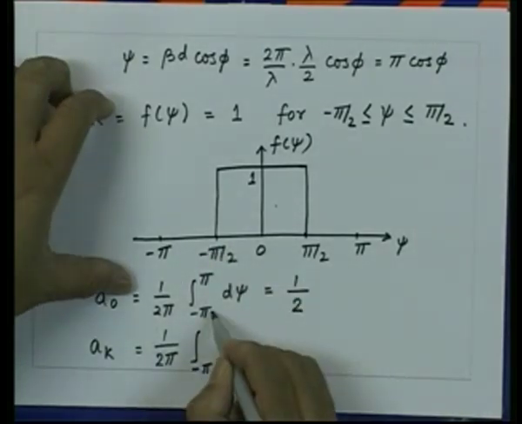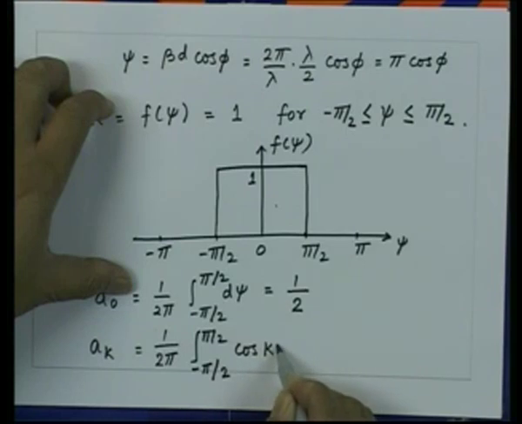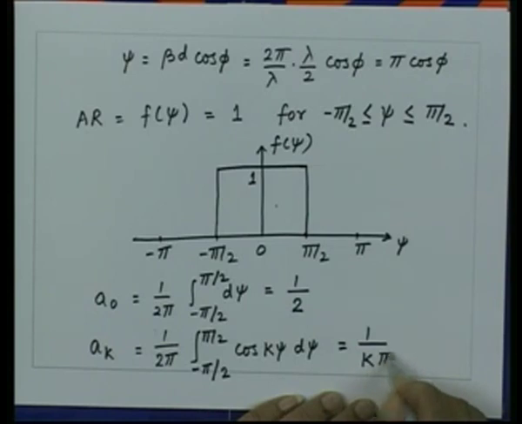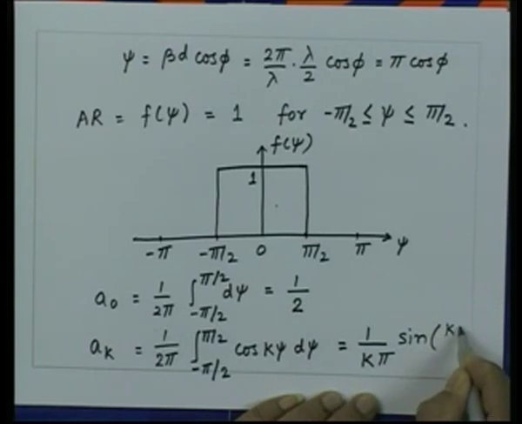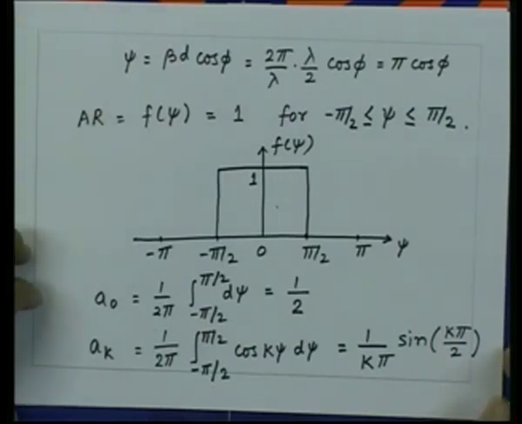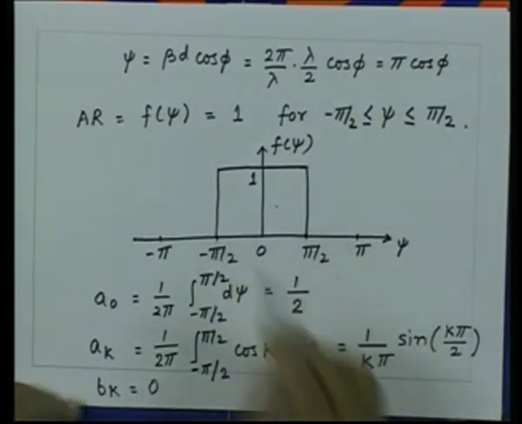So, we can as well put the limits as minus pi by 2 to plus pi by 2, cosine of k psi d psi, that will be equal to 1 upon k pi sine of k pi by 2. And bk's are identically 0 because this function is a symmetric function in psi.